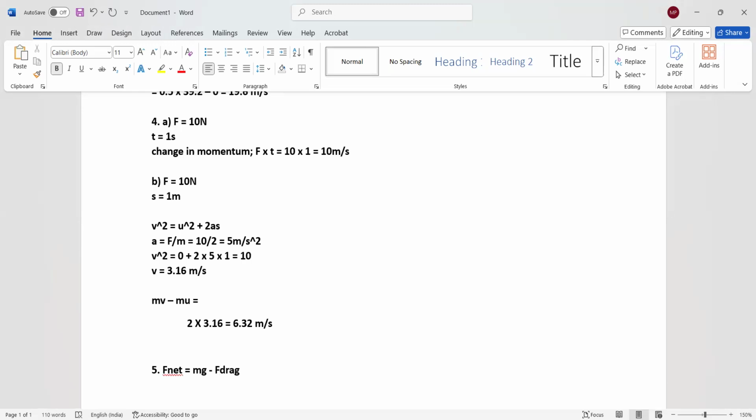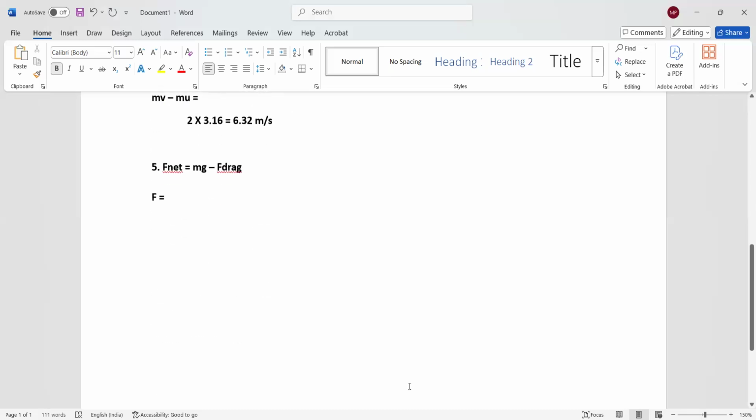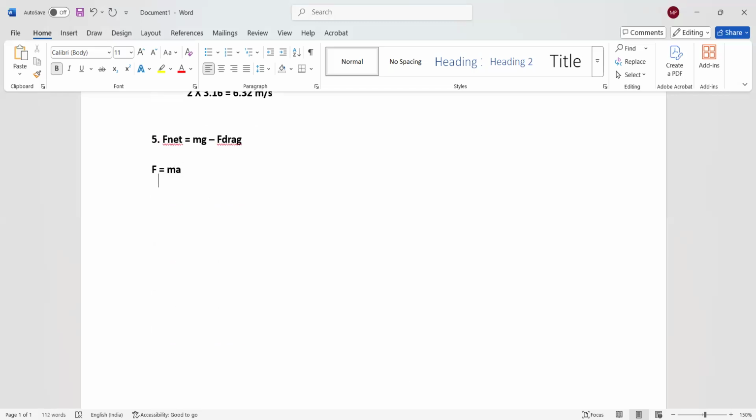Using the equation F is equal to MA, we can say that 0.2 into 6 is equal to 0.2 into 9.8 minus the drag force.